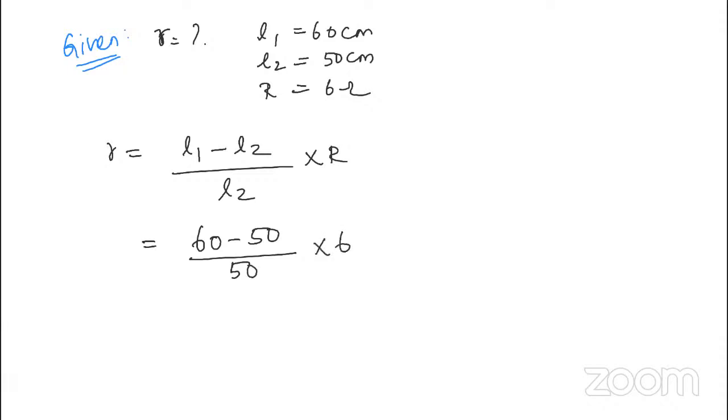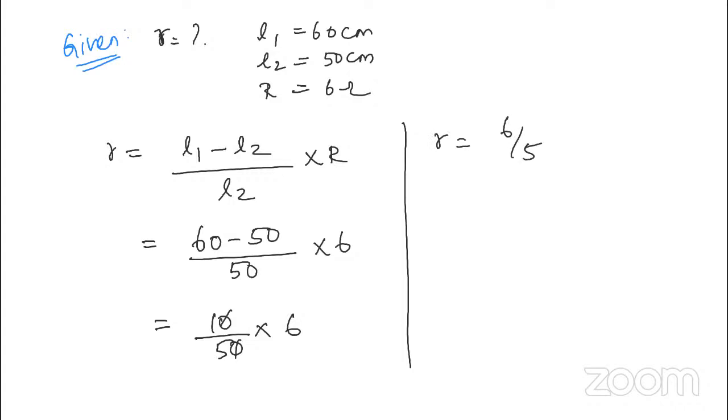So here it is 10 divided by 50, into 6. The zeros should be cancelled and r is equal to 6 by 5, which is equal to 1.2 ohms.